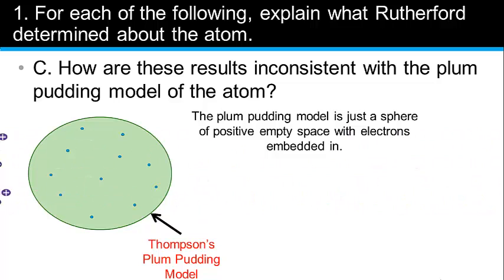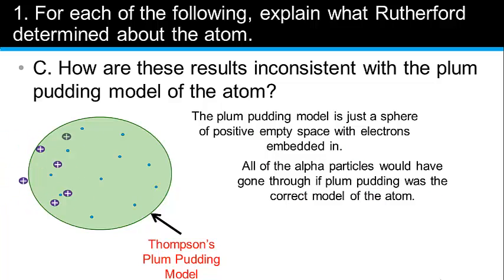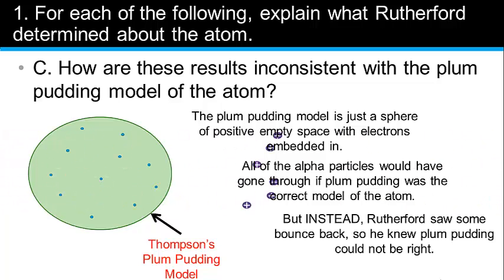So this is just empty space that has a positive charge with some little electrons mixed in. According to Thomson's plum pudding model, because it's pretty much all empty space, all of the alpha particles should fly through. We wouldn't get any deflection. But instead, we saw some of those alpha particles bounce back, so we knew that plum pudding couldn't be correct.